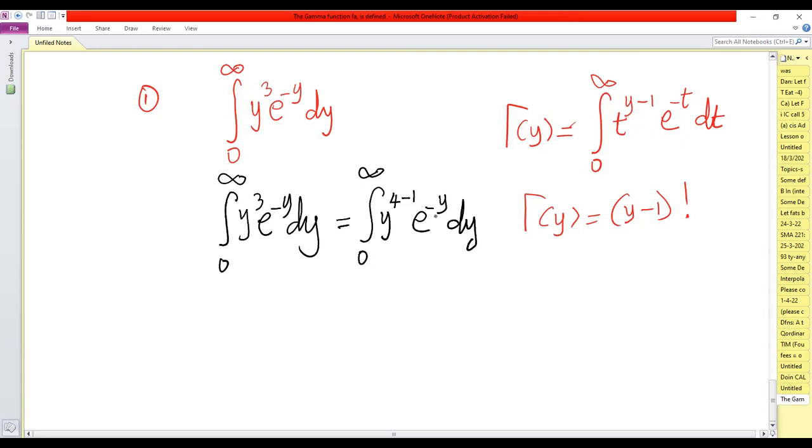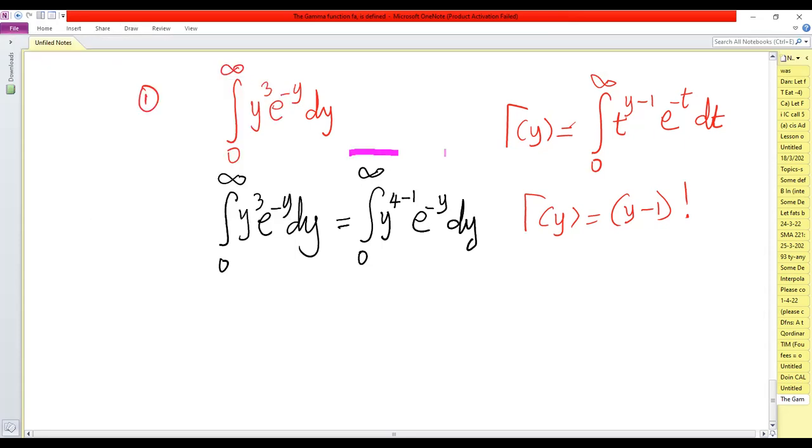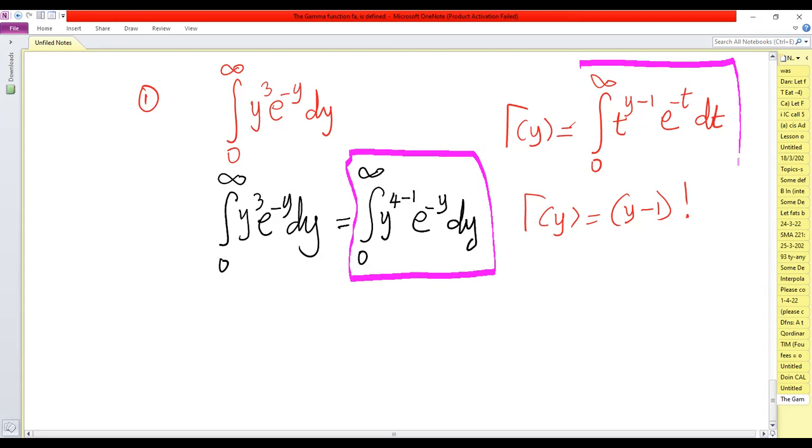You see, these variables y and t are dummy, but the structure of this integral here is exactly the same as the structure of the integral in the definition of the gamma function. This and this are the same, only that the role of y is t. T is the same as y, and y in this general form is the same as this number 4.